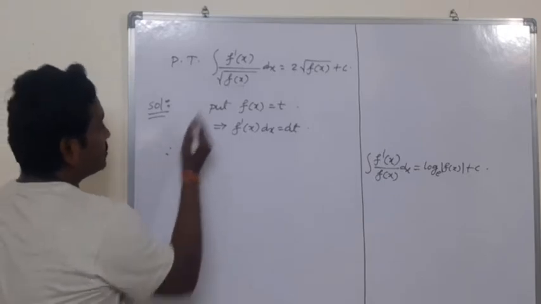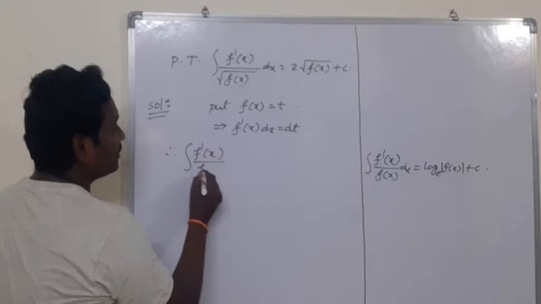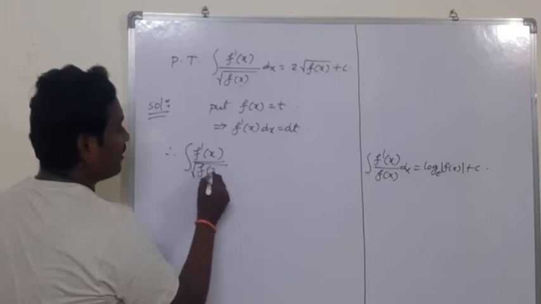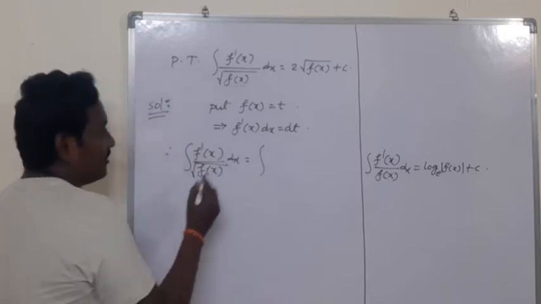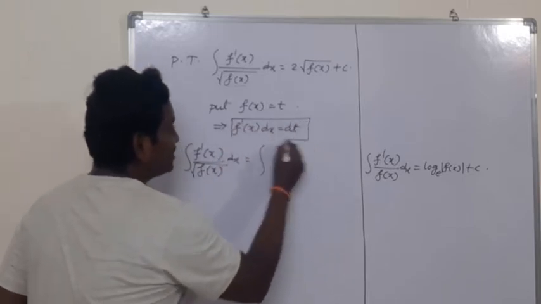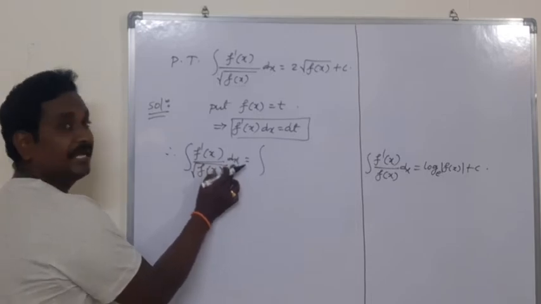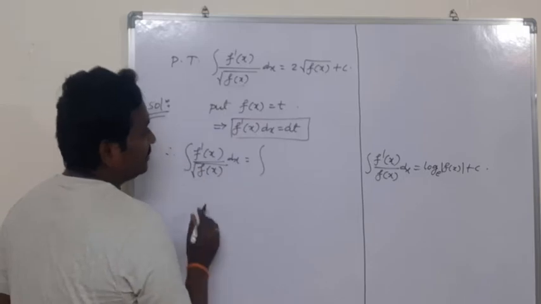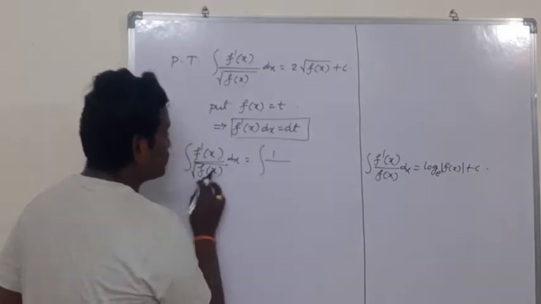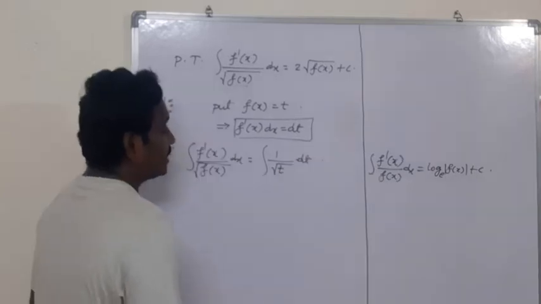So the given problem, integration of f dash of x by root over f of x dx, becomes integration of, whenever we have f dash of x into dx, it can be replaced by dt, and f of x is replaced by t. That's why this problem becomes 1 by root over t into dt.